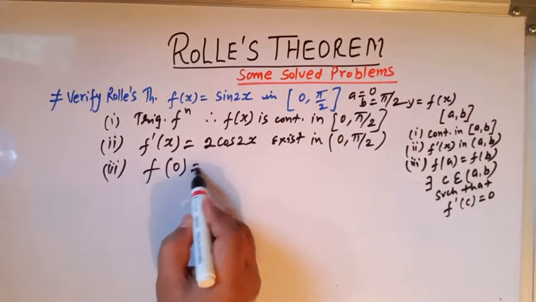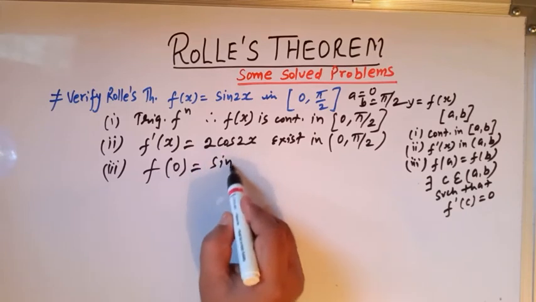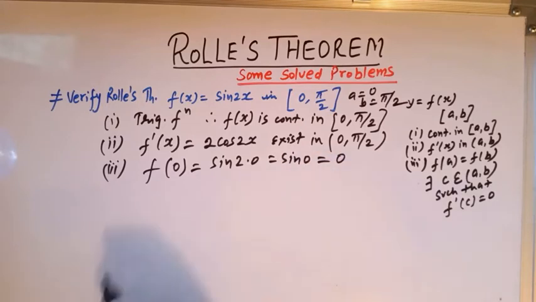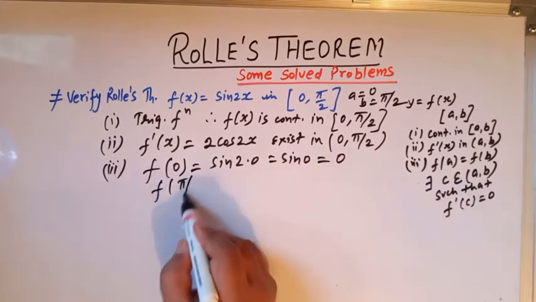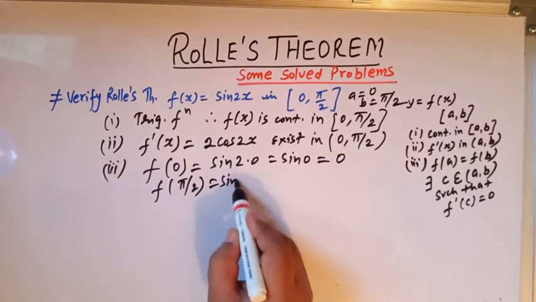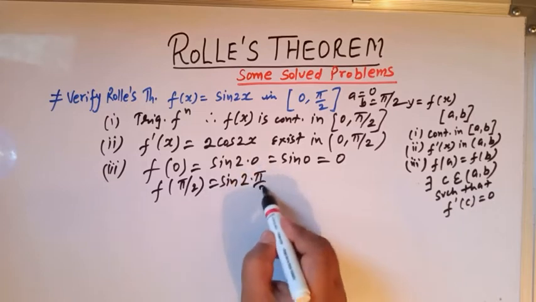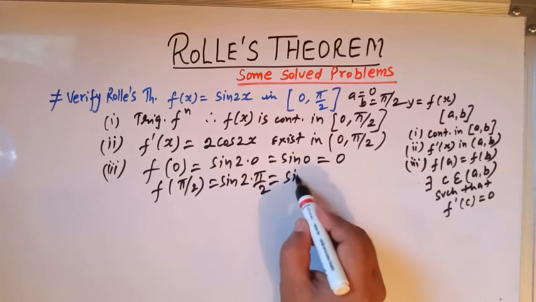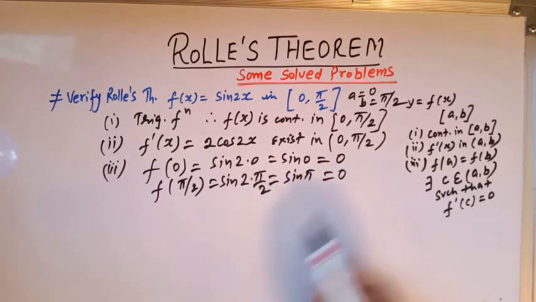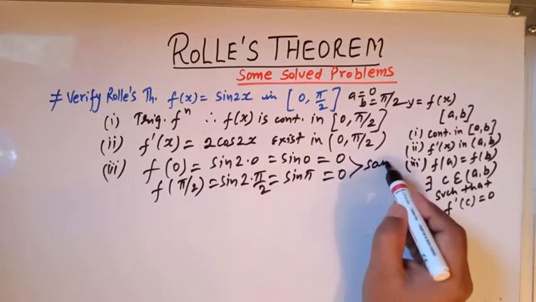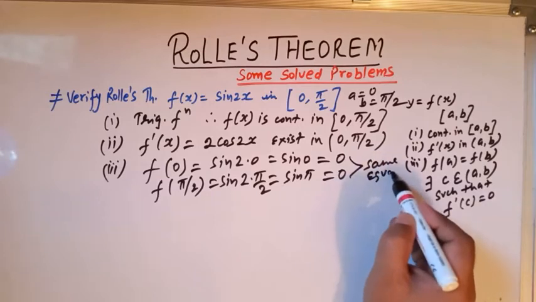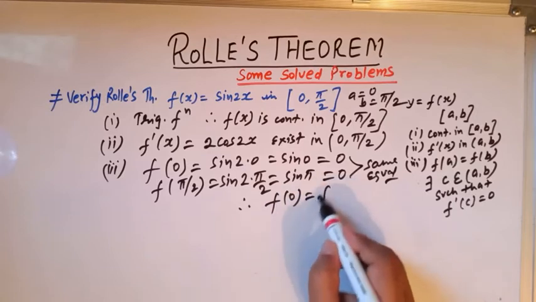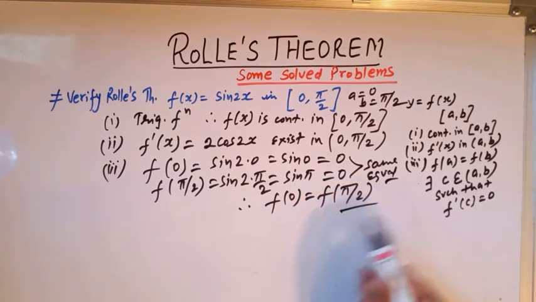So what is f(0)? f(0) is sin 2 times 0, that is sin 0, which is equal to 0. What is f(π/2)? This is sin 2 times π/2, which is equal to sin π, this is 0. So we see that these two are same or equal. So therefore f(0) is equal to f(π/2).